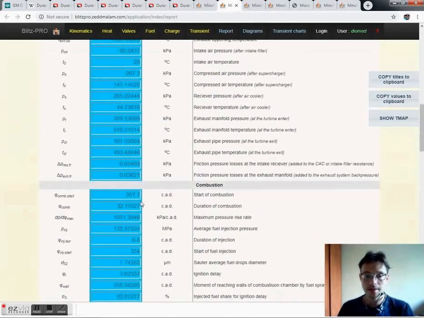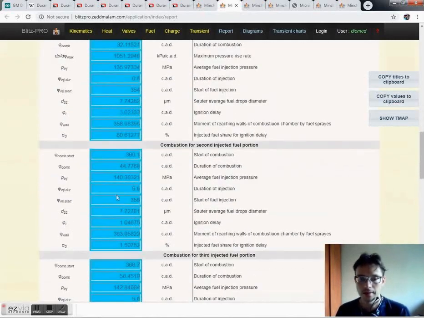And the maximum pressure rise rate is only 1000 kilopascal per CAD, so we can say it's acceptable. It's up to 3 and 3.5 times lower than for the single injection.